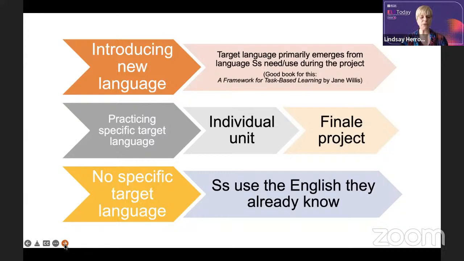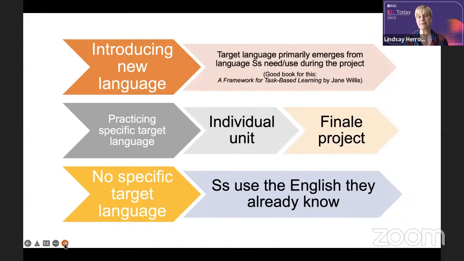So students will start to accomplish the task, start to work on their projects, and I will pull out examples of good language use or good structures that we can focus on to make it even better, or that might be useful. I understand one of the later sessions is on task-based learning, and actually this is exactly what Jane Willis describes in her framework for task-based learning.